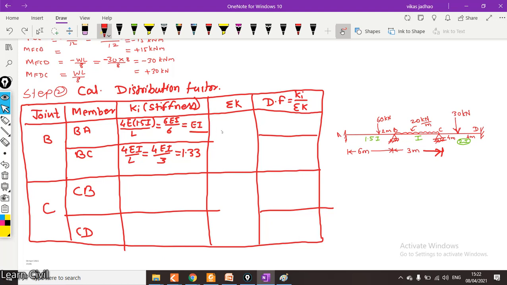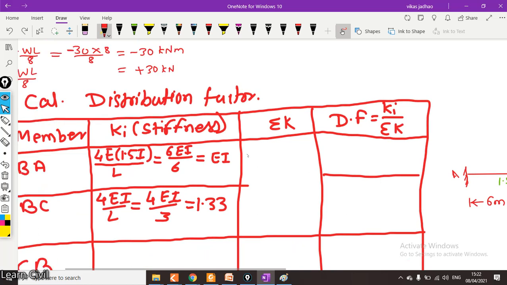Now the summation of K, that is the sum of the stiffness of the members meeting at this joint B, is EI plus 1.33 EI, which is equal to 2.33 EI.